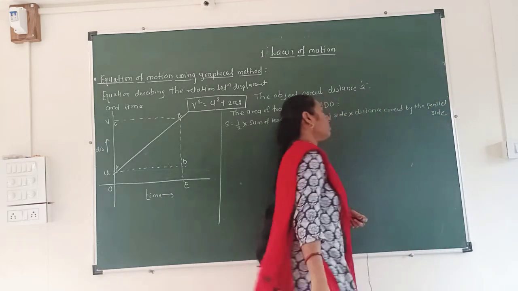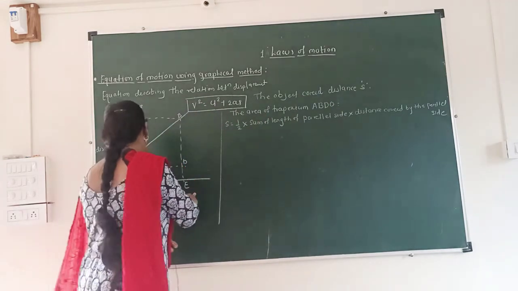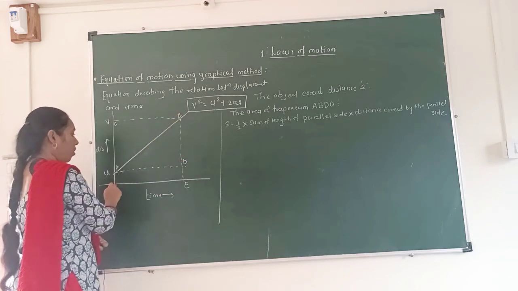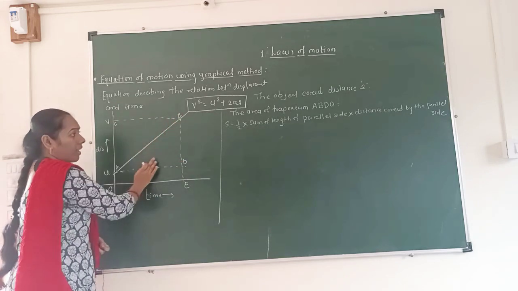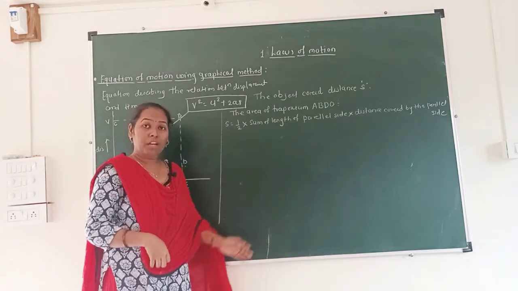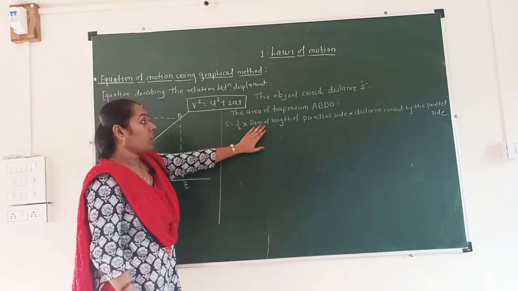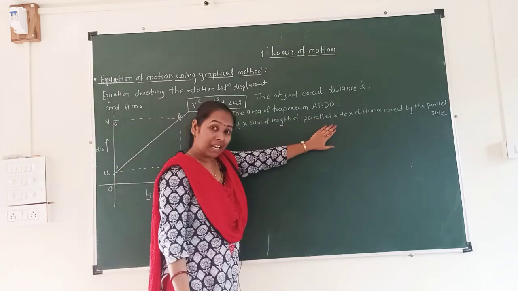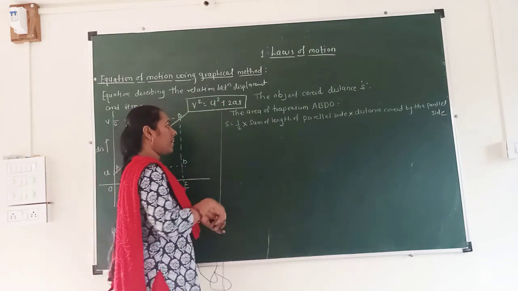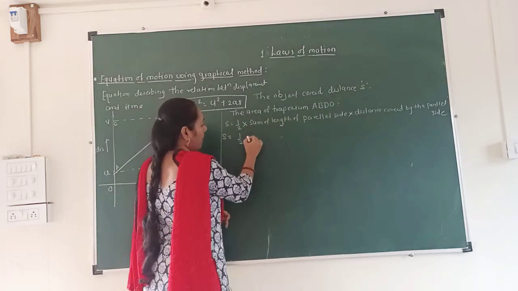What I told you is the area of trapezium ABDO. The area of this trapezium, or S, is equal to 1/2 into the sum of lengths of parallel sides into the distance between the parallel sides.